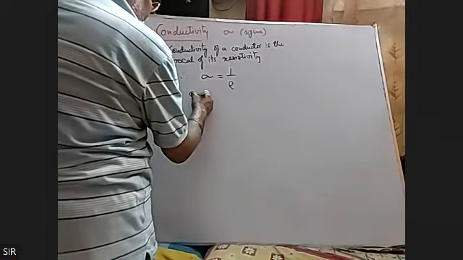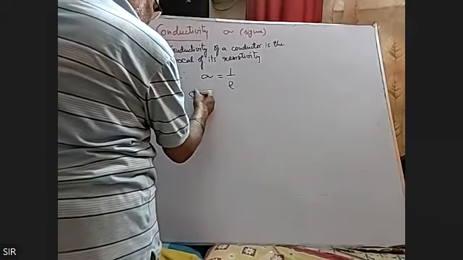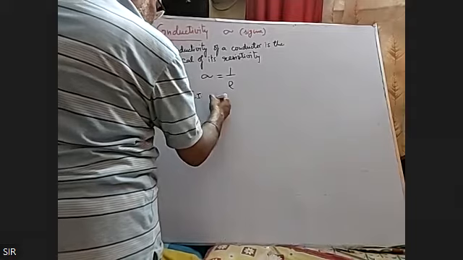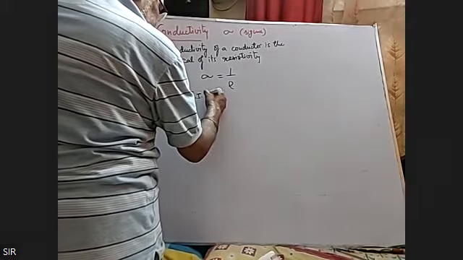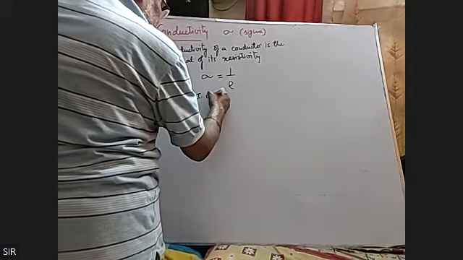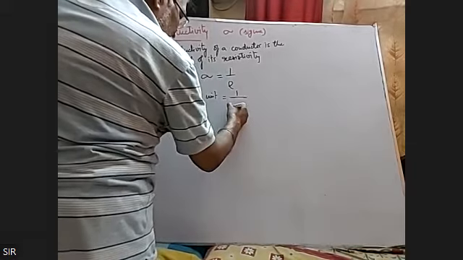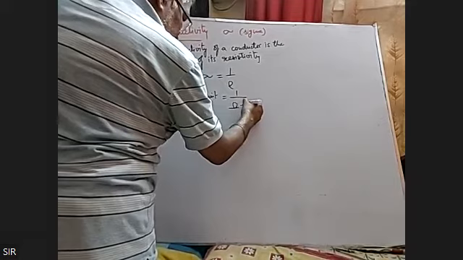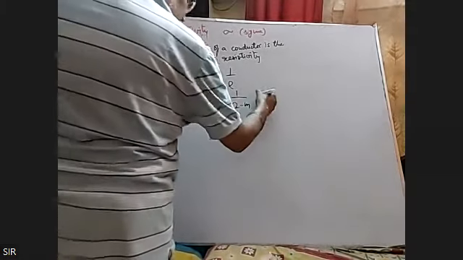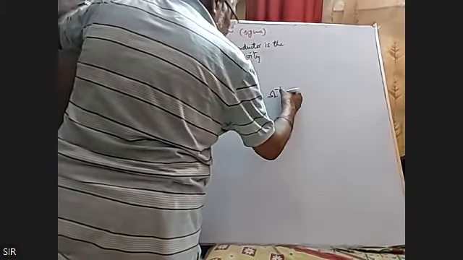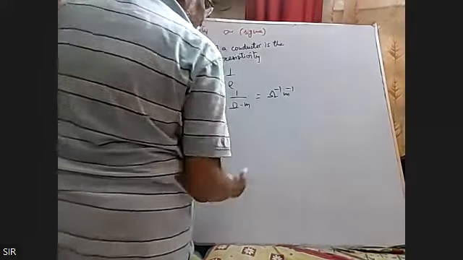Now, the SI unit. We know the unit of resistivity, which is ohm meter. So it will be ohm inverse meter inverse.